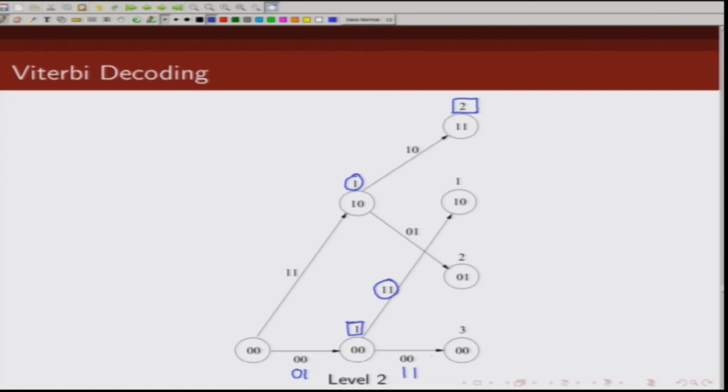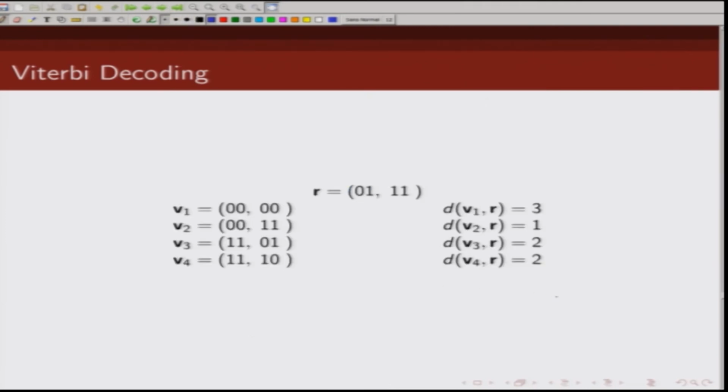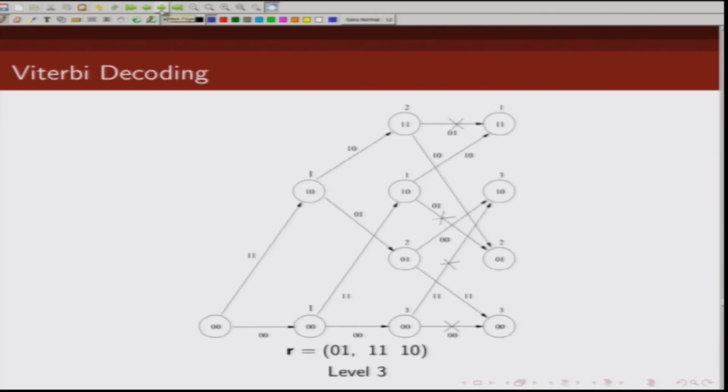And similarly, here the partial path metric is 1, the branch metric in this case is 2. So, 1 plus 2, so partial path metric here is 3. And this is what I have also illustrated here. Our receive sequence was 0 1 and basically these are the Hamming distances between code sequence and the receive sequence.